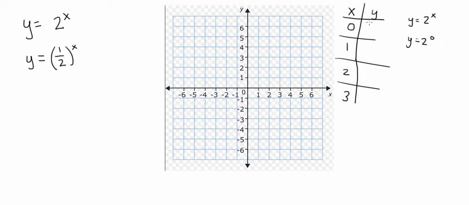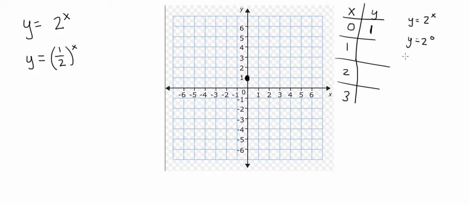Anything to the power of 0 gives an answer of 1. We'll talk more about that in future sections, but our first dot goes at the point (0, 1): 0 for the x value, 1 for the y value.